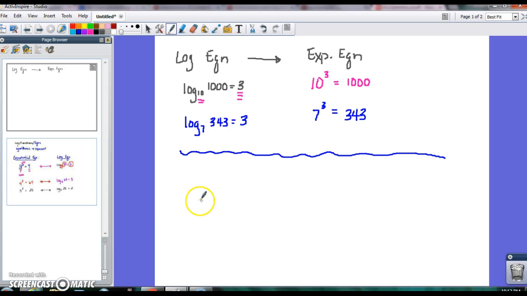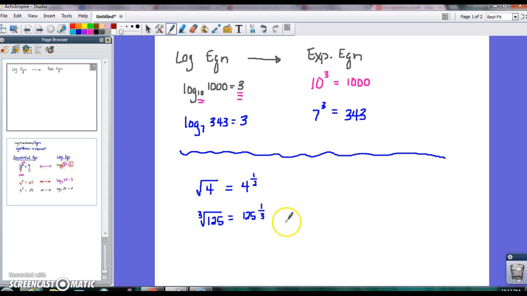Once upon a time, you should have learned that when you talk about the square root of a number, so the square root of 4, I can actually write that as 4 to the 1/2 power. If I'm talking about the cube root of a number, so the cube root of 125, that's the same as saying 125 to the 1/3 power.